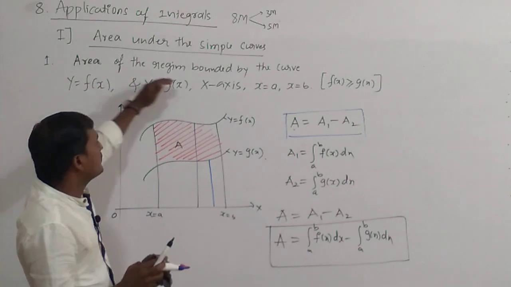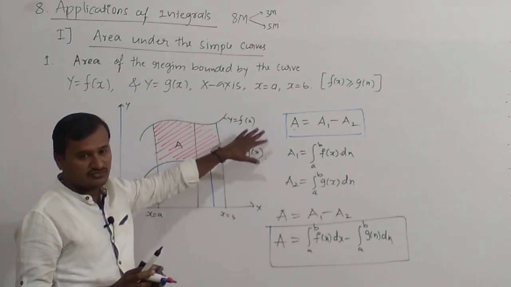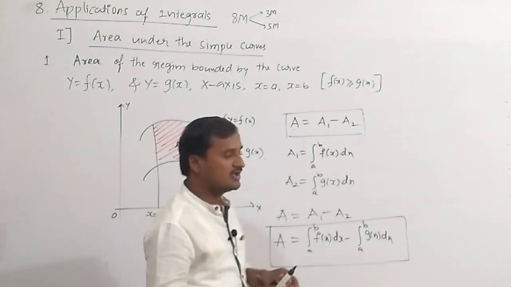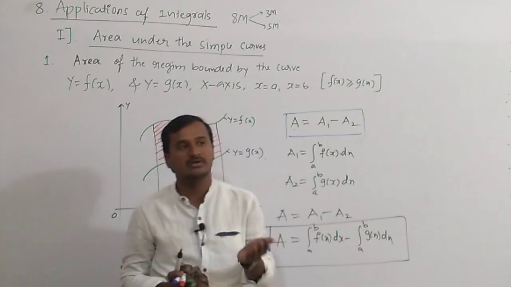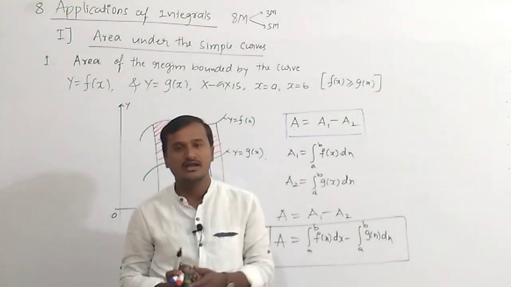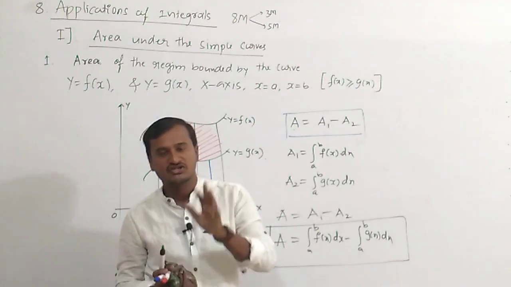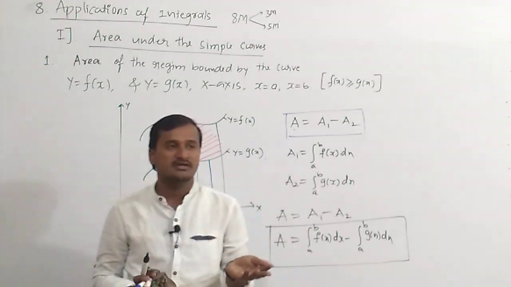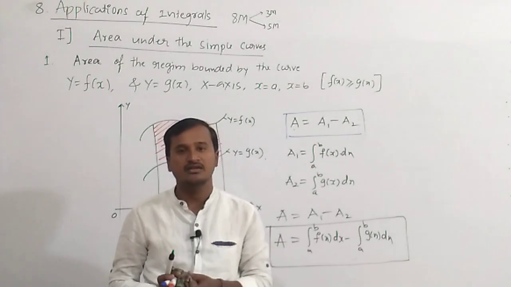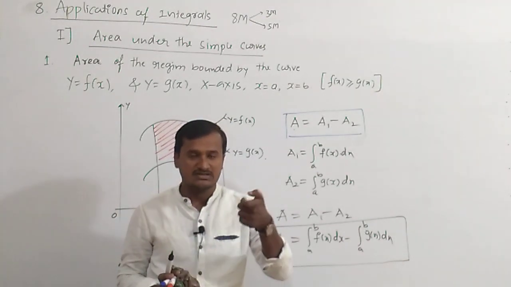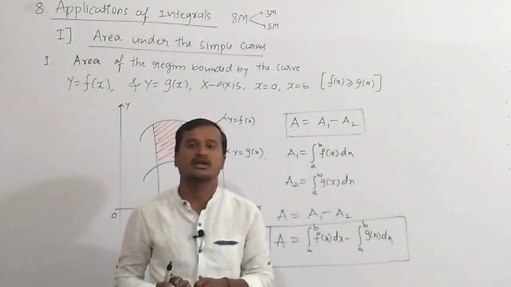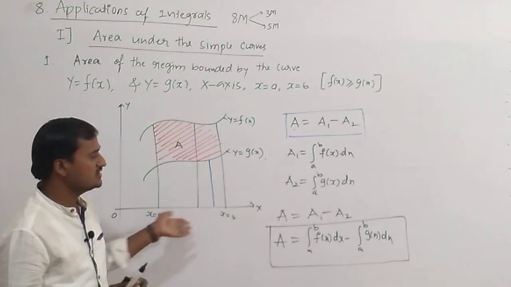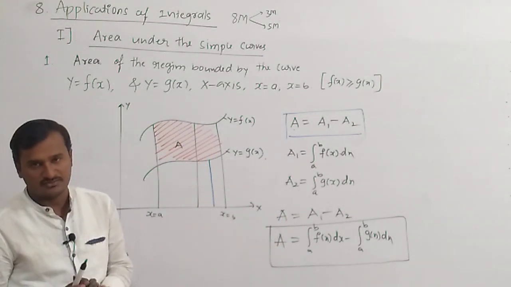So these are some formulas for the area of the region bounded by simple curves. If they give only one curve, for example, they will ask you to find the area of a parabola and a straight line, in this case we use these formulas. And if they ask you to find the area between a circle and a straight line, in that case also we use this type of formula, right?